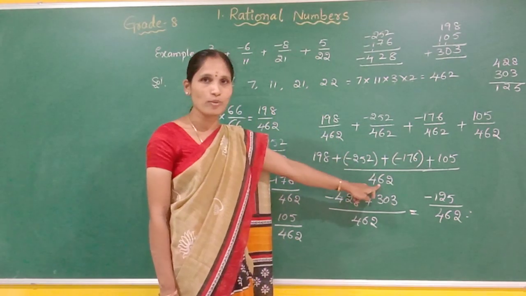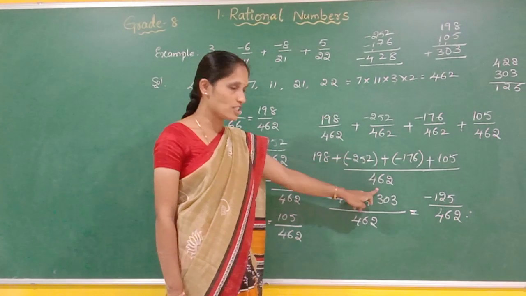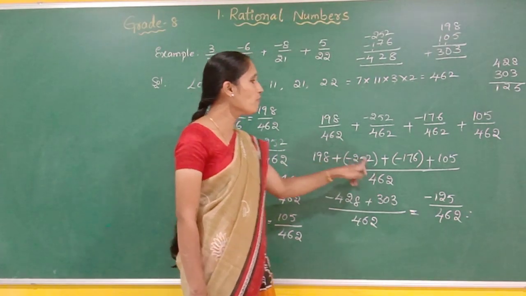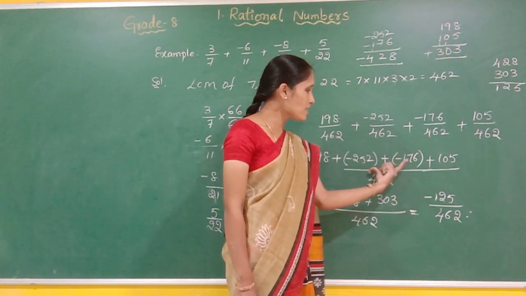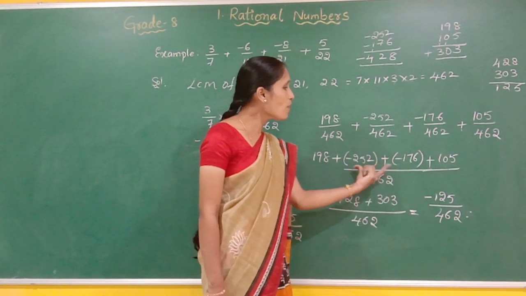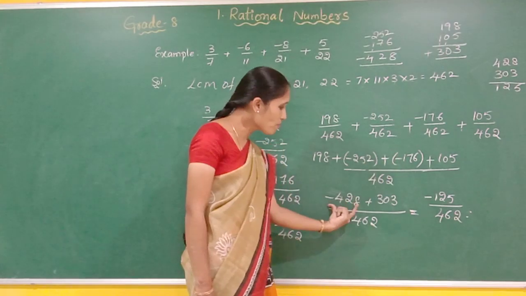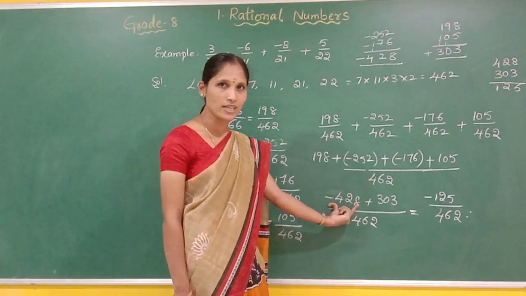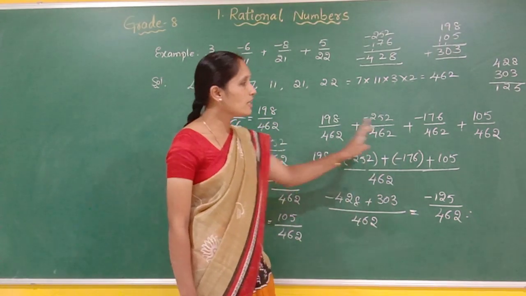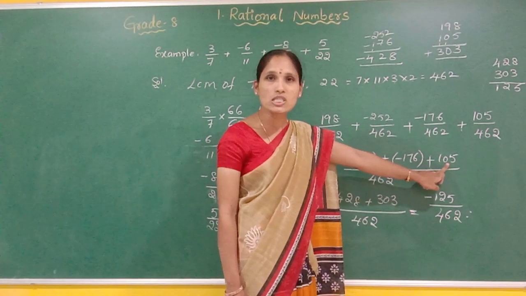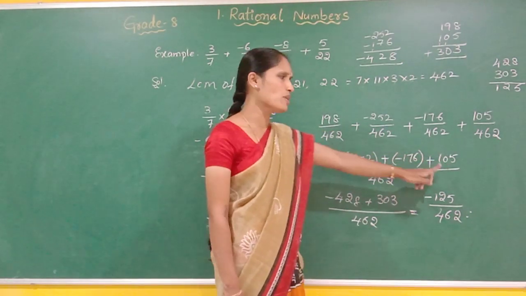Write the common denominator, that is 462. Then simplify the numerators. In this numerator, these two numbers are negative. Add these two numbers. The sum is minus 428. This 198 and 105 both are positive numbers. Add these two numbers also.